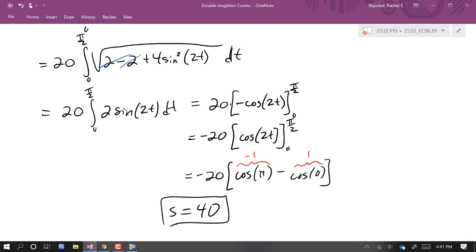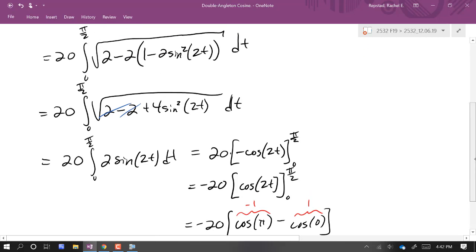But there was a hefty amount of algebra and trig identities to use to get it to look so simple. Do you use the double angle or the half angle? I use the double angle. Okay.